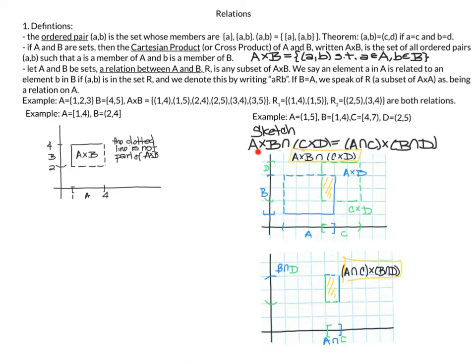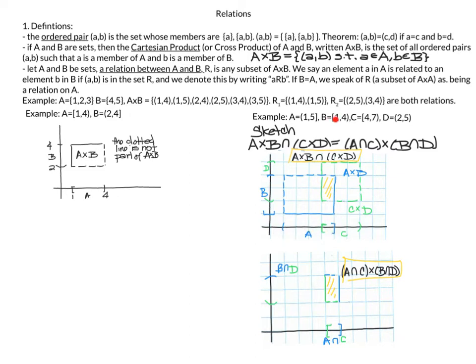So we start with A cross B. Again, A cross B can be interpreted as ordered pairs in the Cartesian plane. I'm going to sketch my interval A on the x-axis and my interval B on the y-axis. A is 1, 5, so here I have 1, and it's open up to 5.